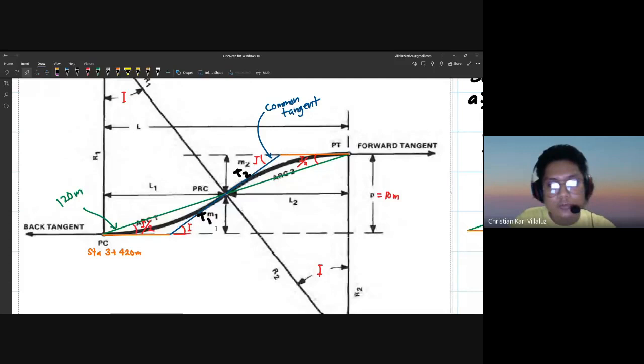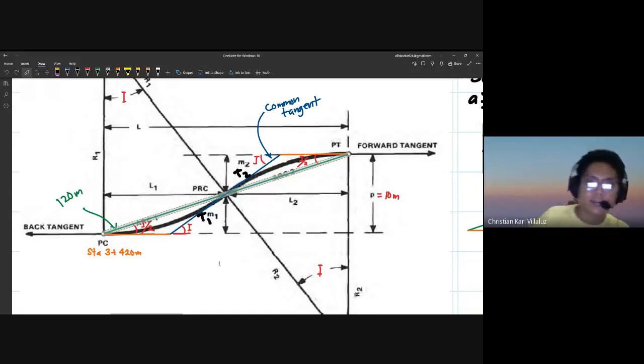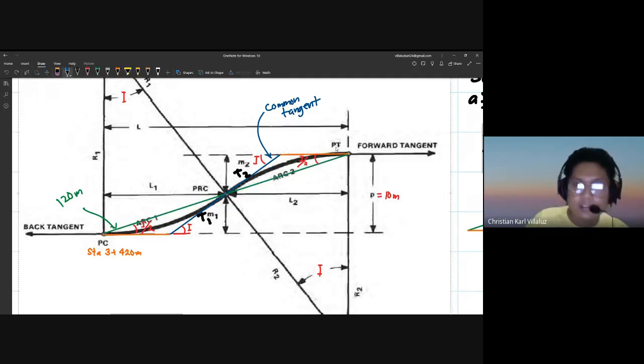Saan natin pwedeng kunin itong I na to? So, ang value na lang na may given tayo dito ay itong length of long chord from PC to PT, which is 120 meters, and the parallel distance of tangents. Itong line na to.